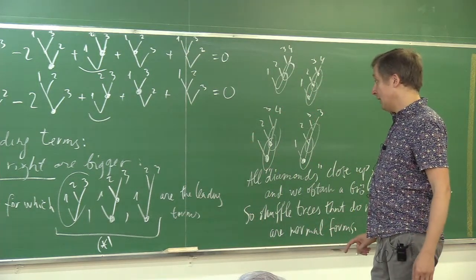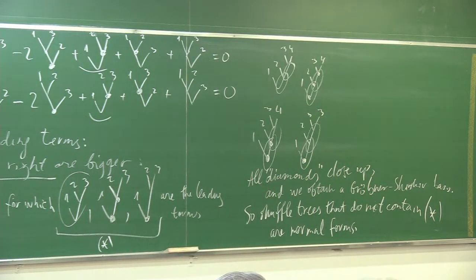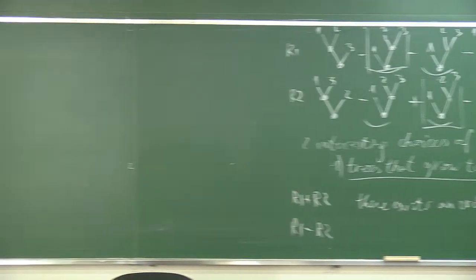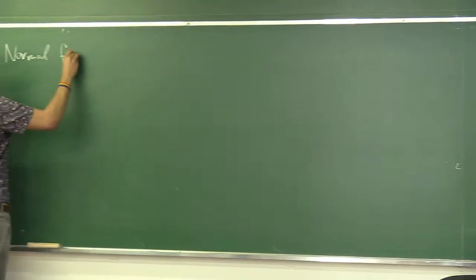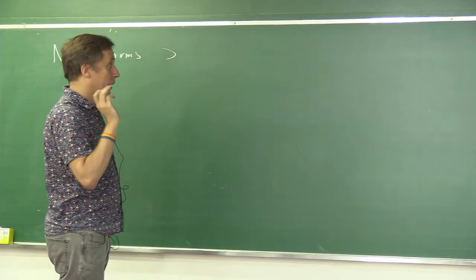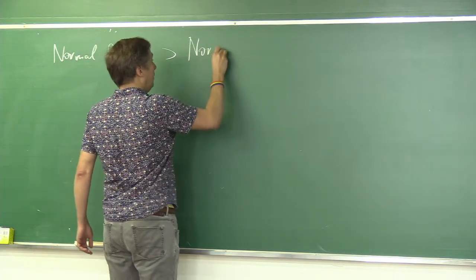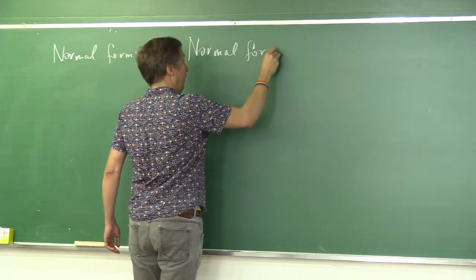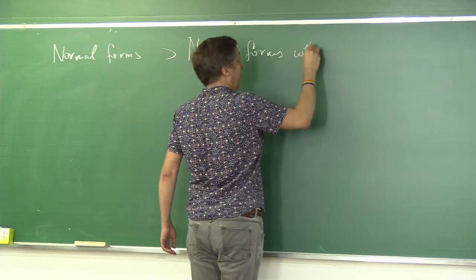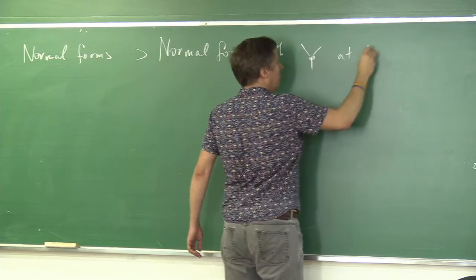What I suggest is the following. Let's look at all normal forms. And inside them, let me give you a very useful illustration. Inside them, you have normal forms with this at the root.